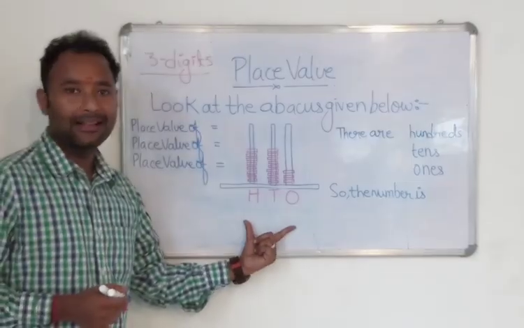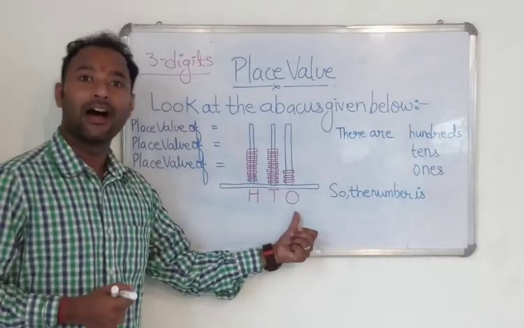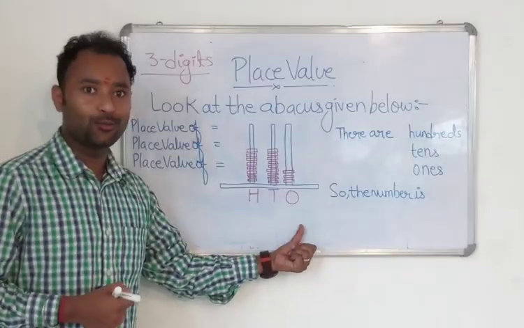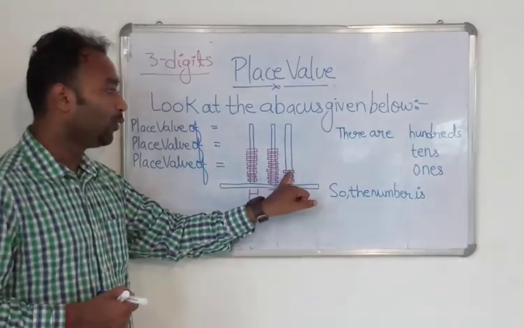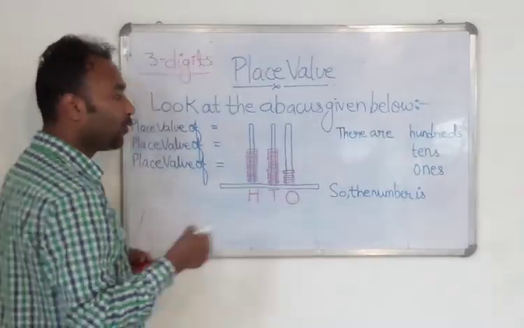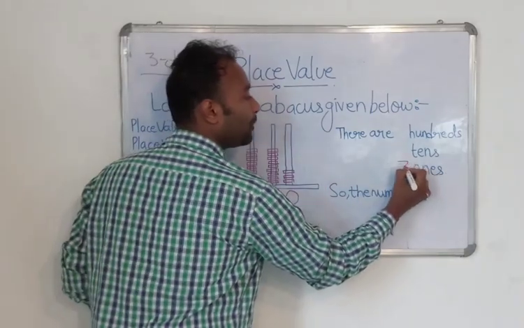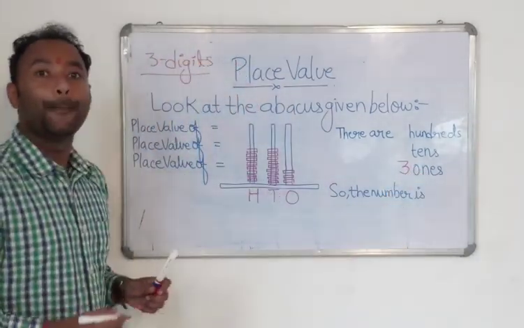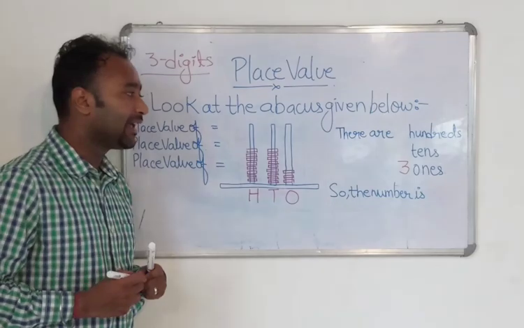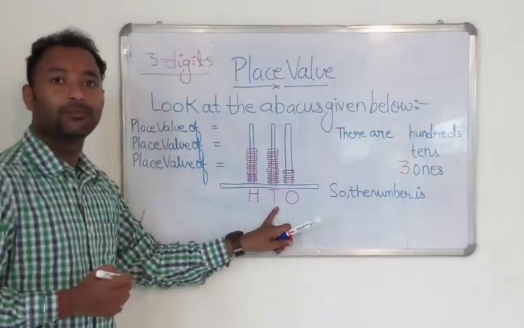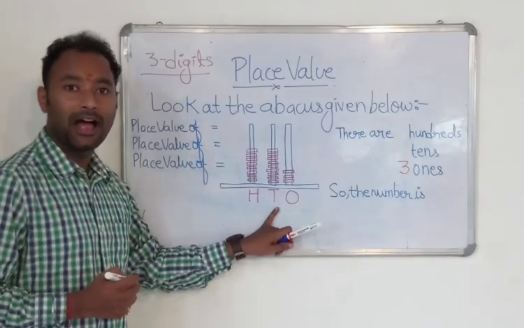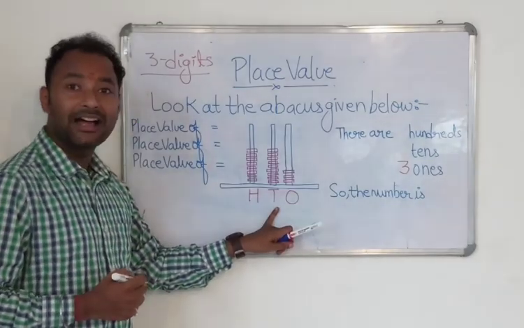In this abacus, in the ones position, how many beads are there? Can you count them? Yes. There are 1, 2 and 3. So 3 beads are there, or you can say that 3 ones are there. In the tens position, can you again count how many beads are there?